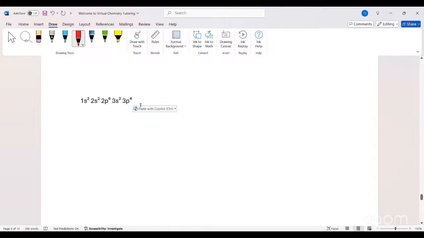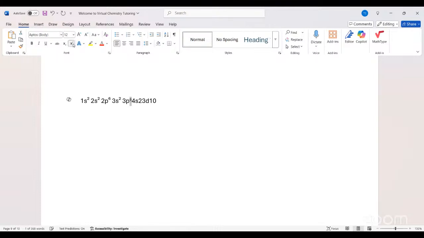So if you see right here where I have, I'm gonna write this out so you all can see what I mean. Okay, and I'm gonna expand this so you all can see it. And I'm gonna break this down for you.